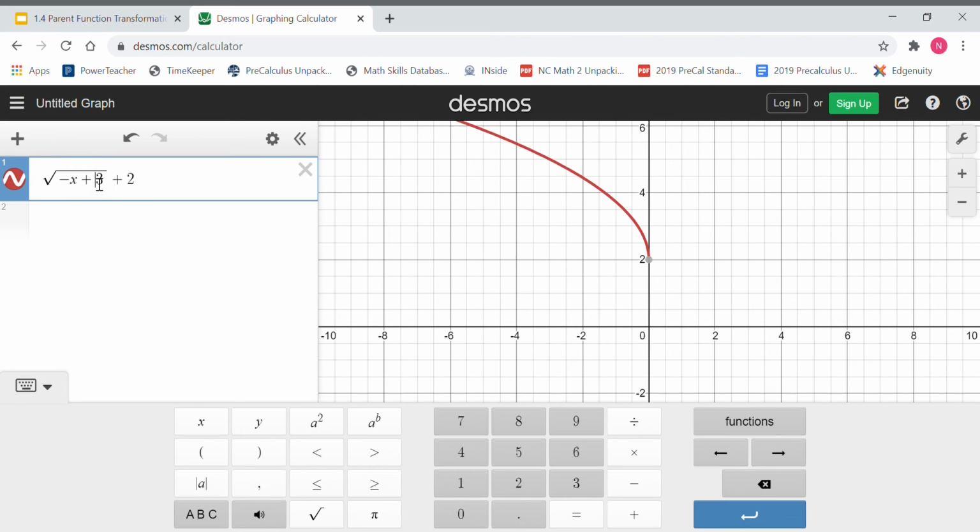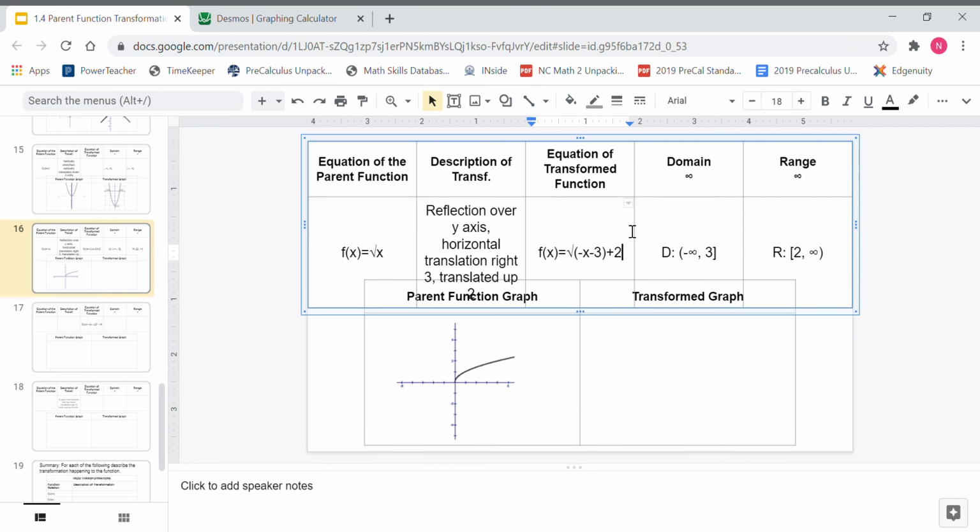And so technically, if we factor it out, we're adding 3 to move it to the right because of that -1 affecting that x value. So good thing that we checked. Let's make sure everything else is right. The domain is negative infinity to positive 3, range is 2 to infinity, so it looks like we have our answer. So change that.